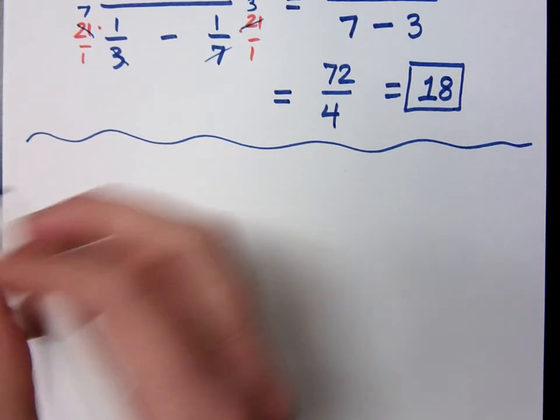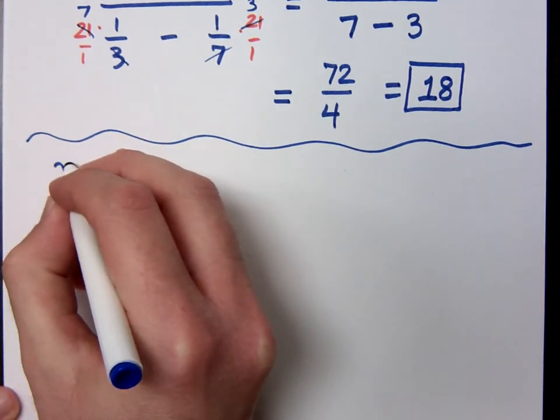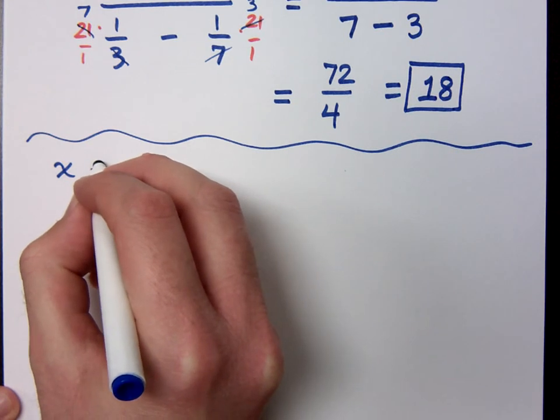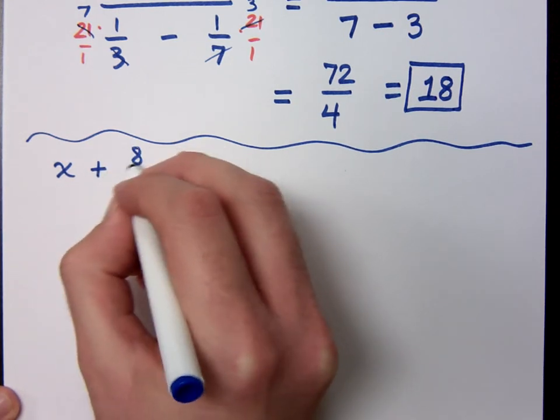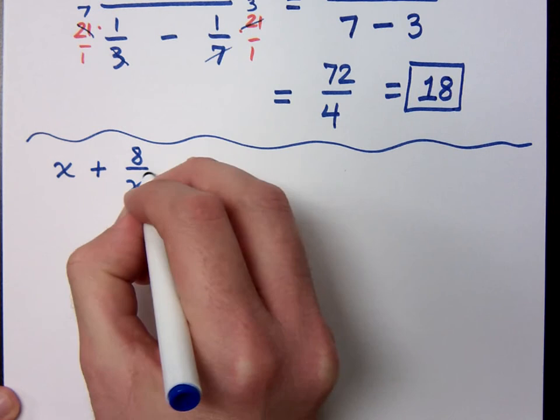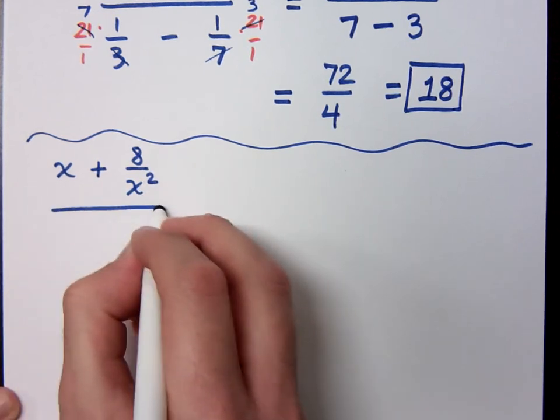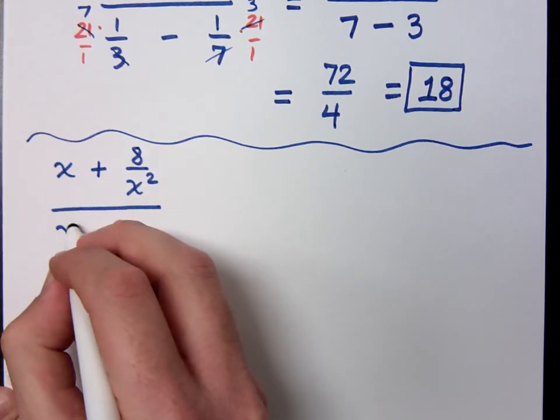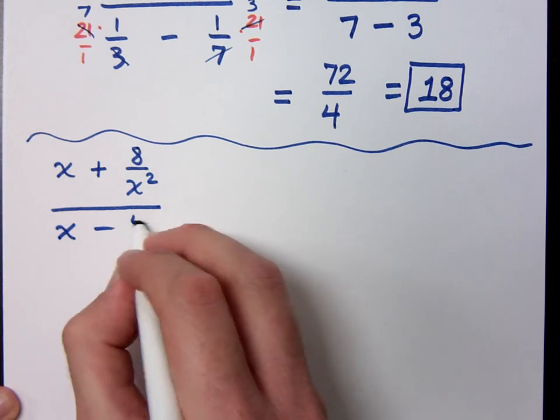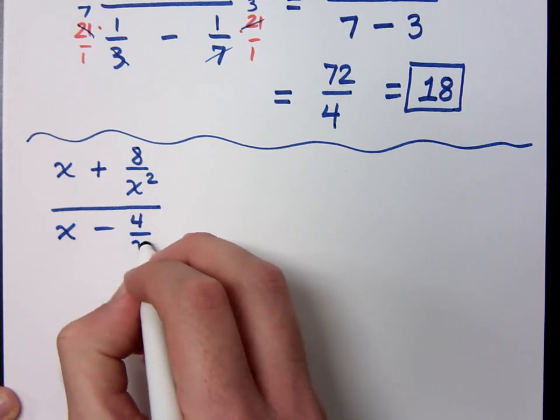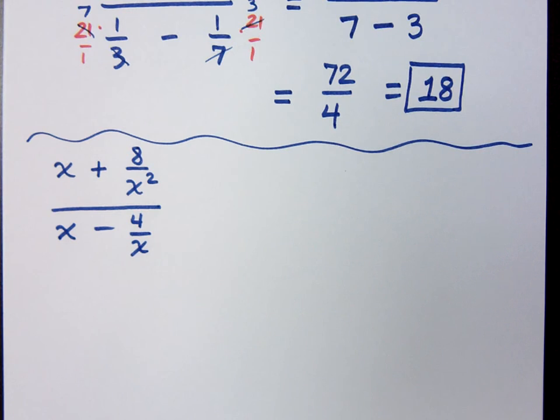How about x plus 8 over x squared, all over, excuse me, x minus 4 over x.